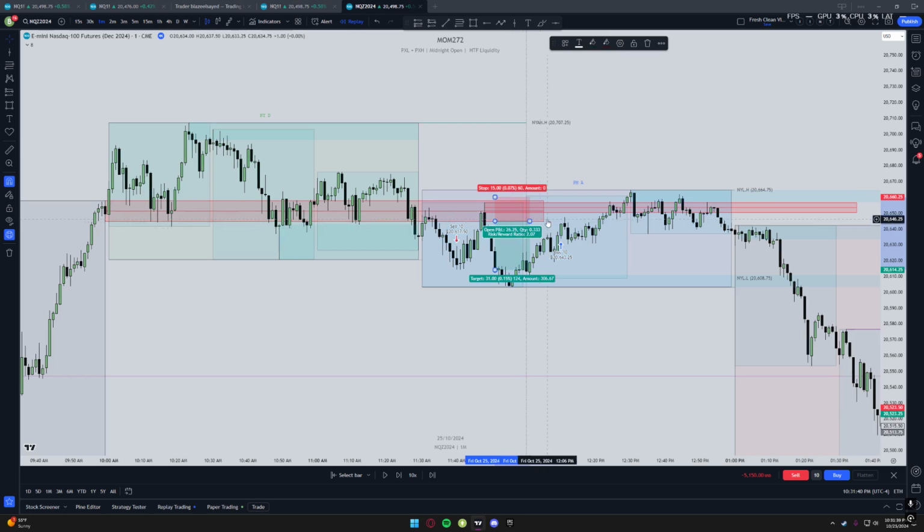You could have been in a trade after someone took this and gotten out before they got stopped out, and you could be extremely profitable, because the strike rate of this is going to be very high, 80% plus, but the RR is 2.